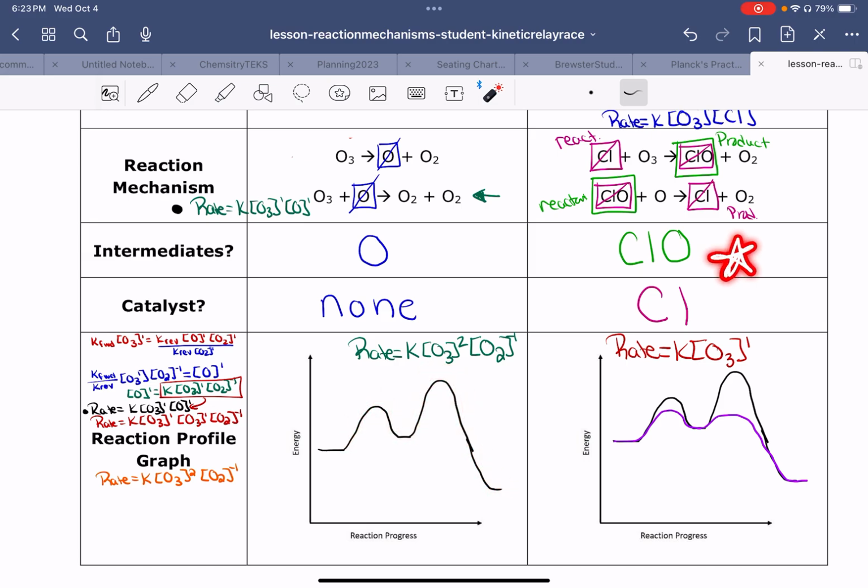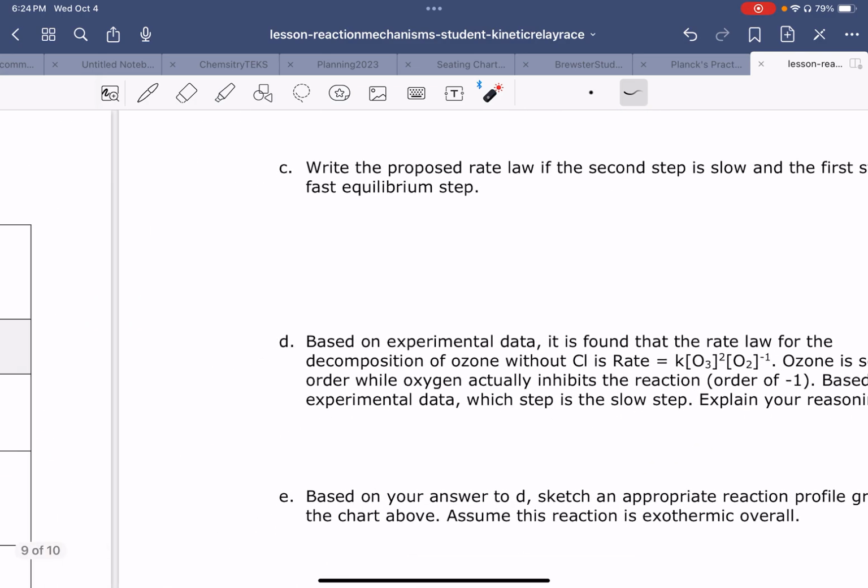The first step was the fast step, so this is my taller hump, and the other one is below it. I did keep the original graph behind it to show you the whole point of the catalyst. The catalyst is going to lower that activation energy and make it easier. Remember, the Ea for these two humps equals the overall Ea.